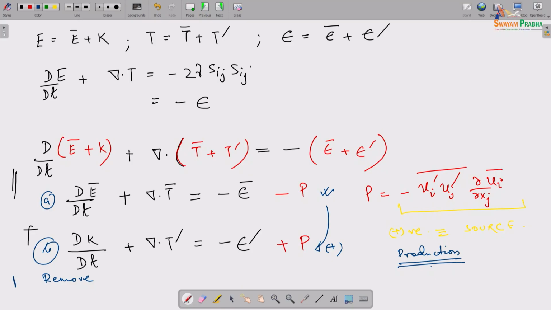So I can write that P essentially removes kinetic energy from the mean flow and adds it to the fluctuating flow.